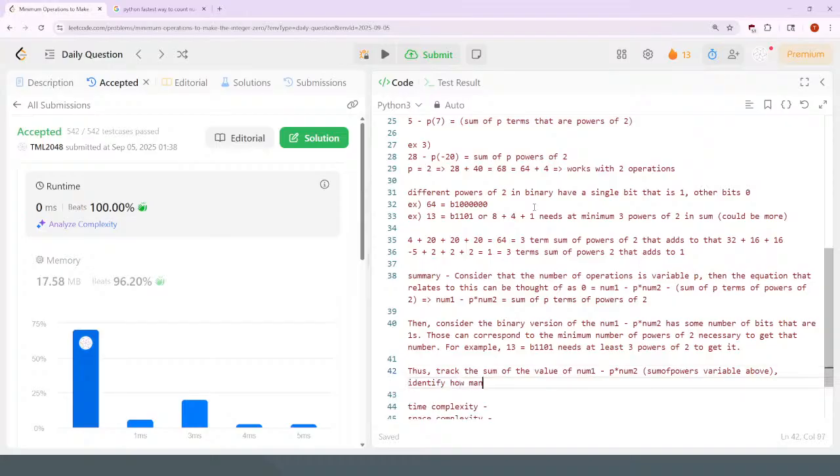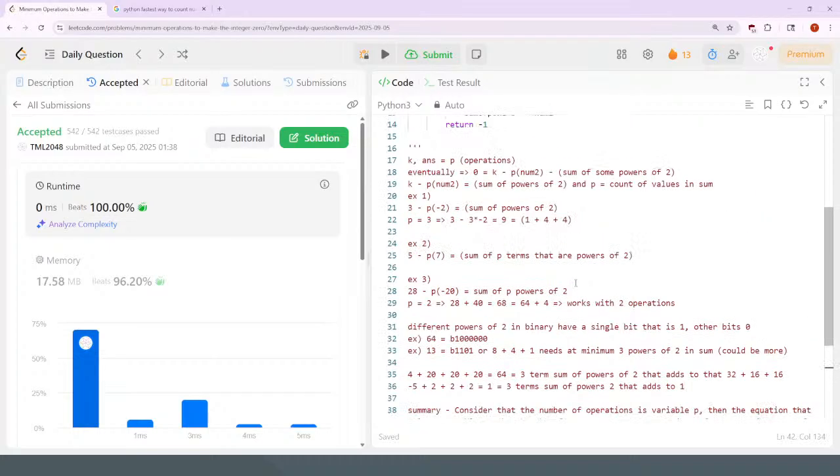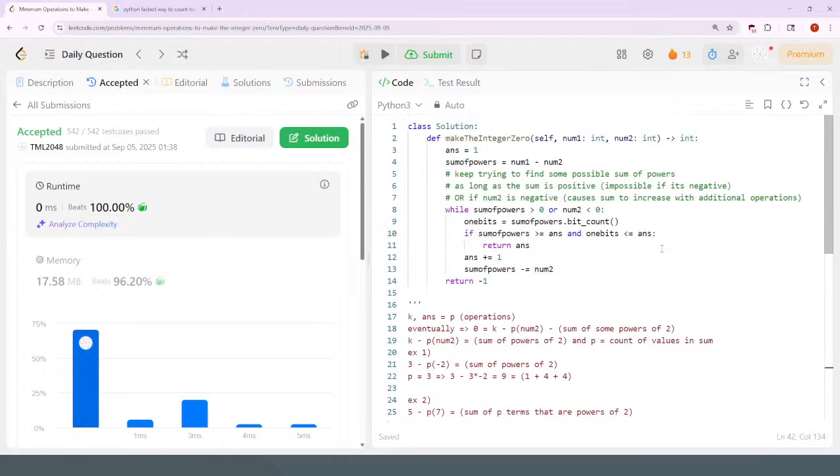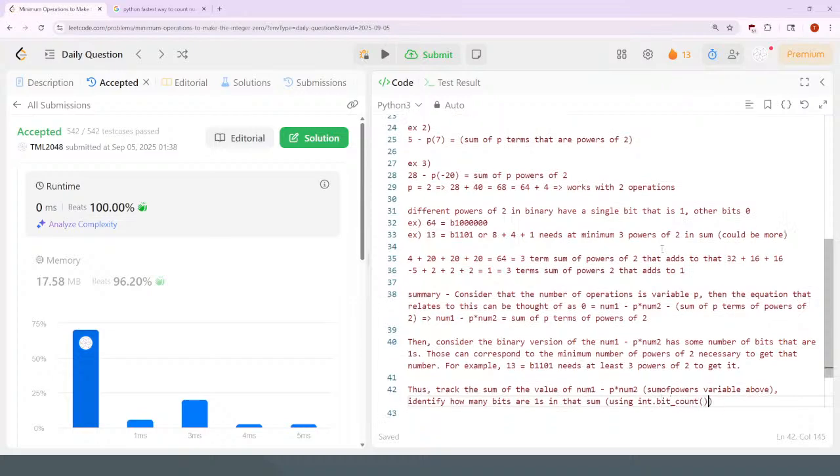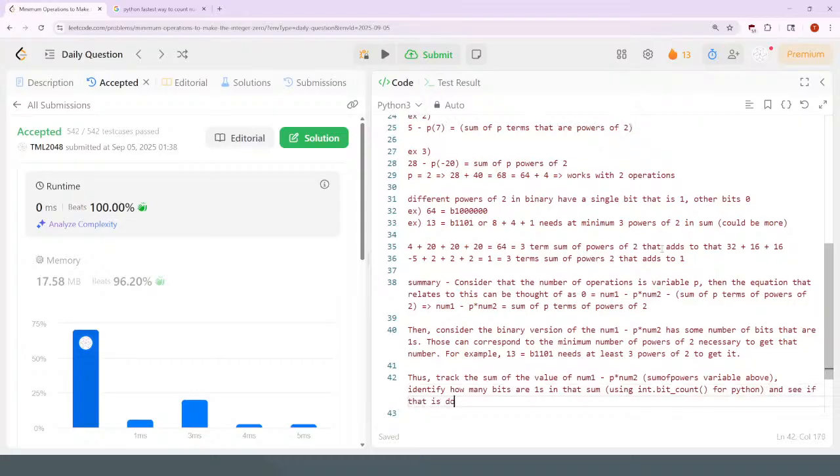Identify how many bits are ones in that sum using integer bit count for Python, and see if that is doable for that number of operations.